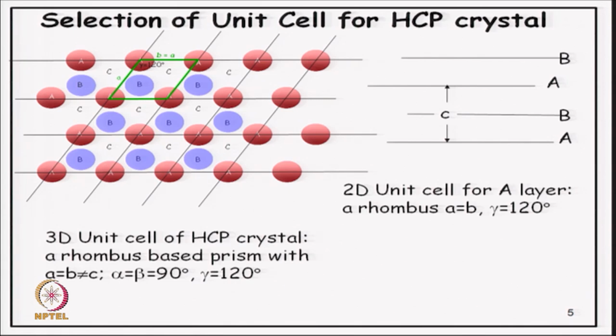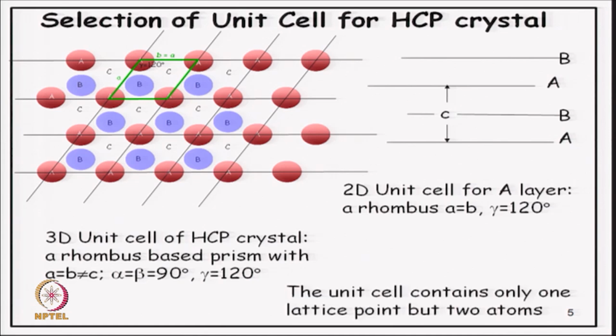So, this as we know is the conventional unit cell of a hexagonal lattice, and that is what we have selected for our hexagonal close-packed structure. But it is important to keep in mind that this unit cell contains only one lattice point, but 2 atoms. We will look at this in a little bit more detail in the next slide.